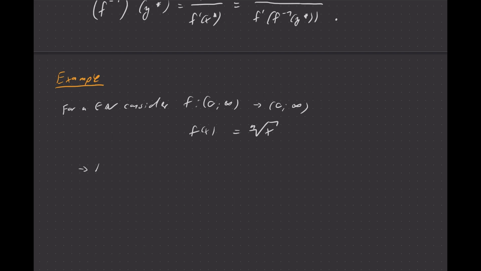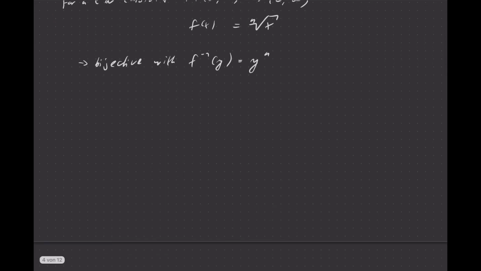So this function is bijective with f to the minus 1 of y is y to the power of n. So then if you apply f and then f minus 1, the result is again x, the value you started with.